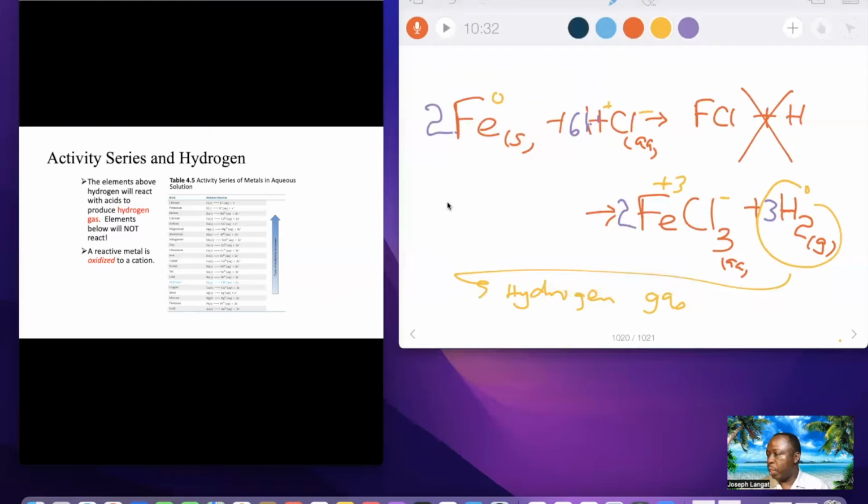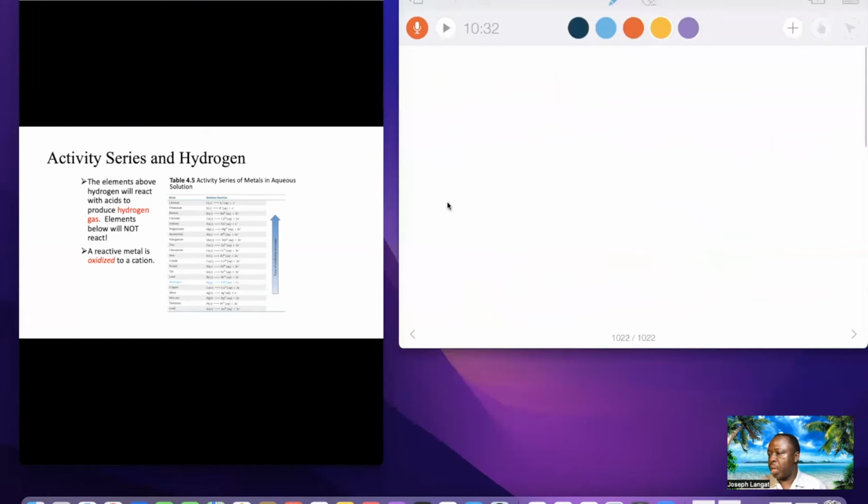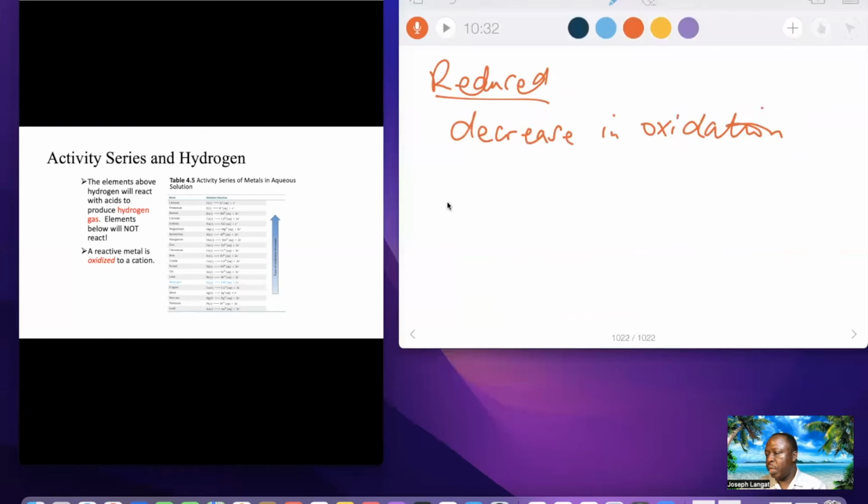The one with a decrease in oxidation state here, reduced means after the reaction a decrease in oxidation number. You know a species has been reduced if it has a decrease in oxidation number.